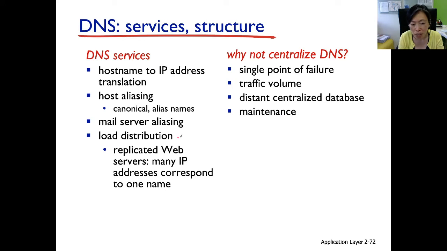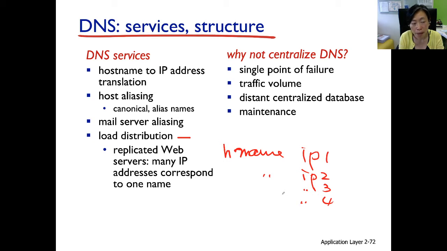Last, this one is a bit tricky, but it's growingly popular. It's called the load distribution service. What it does is this: for a host name, there could be multiple IPs that map to it. So IP1, and then the same host name, IP2, IP3, IP4, and so on and so forth.